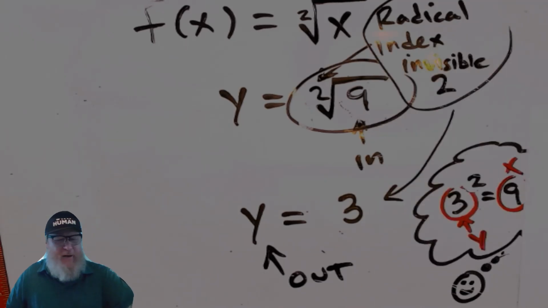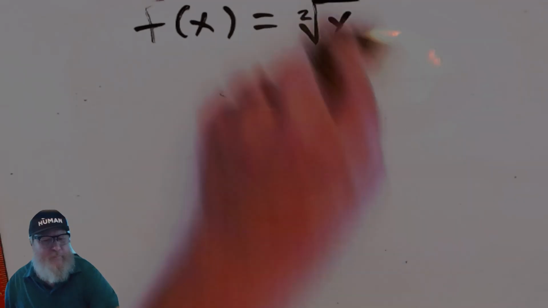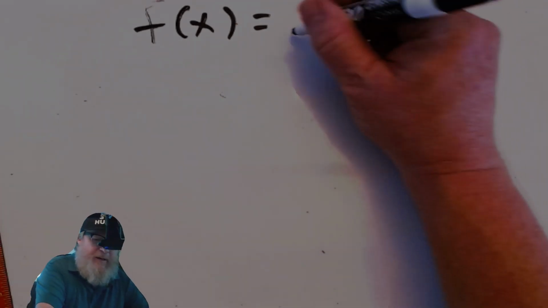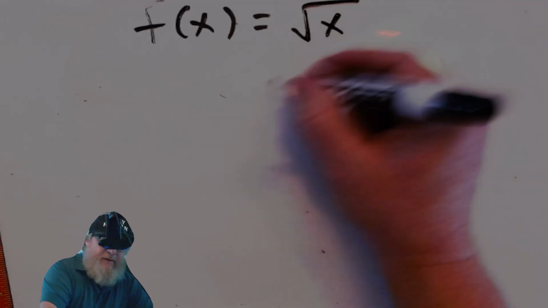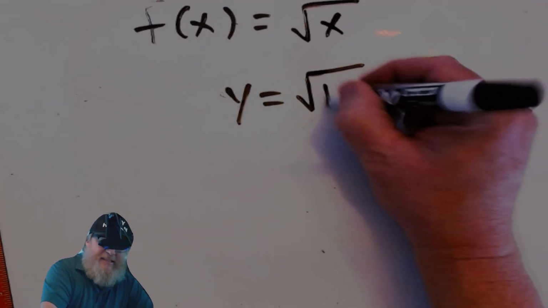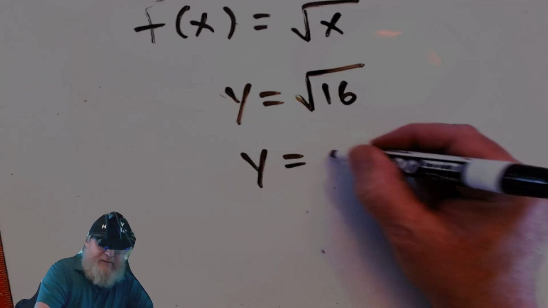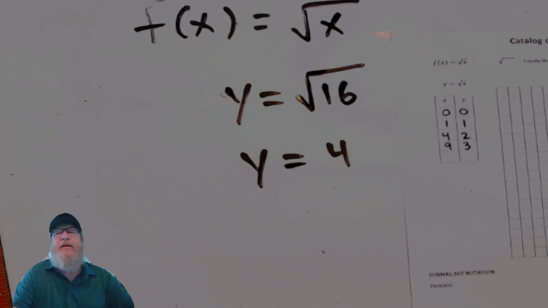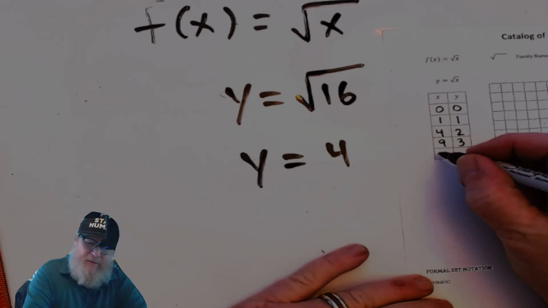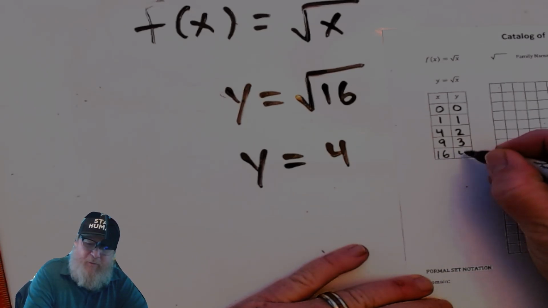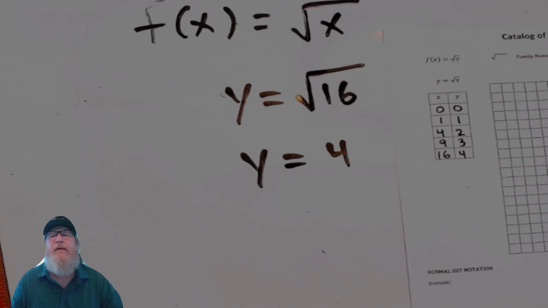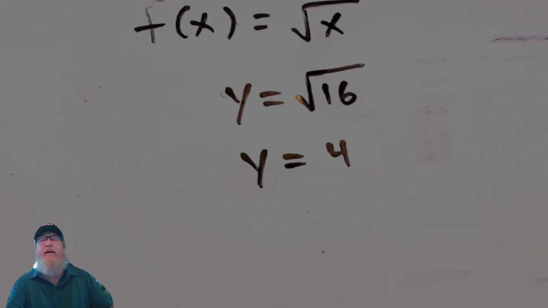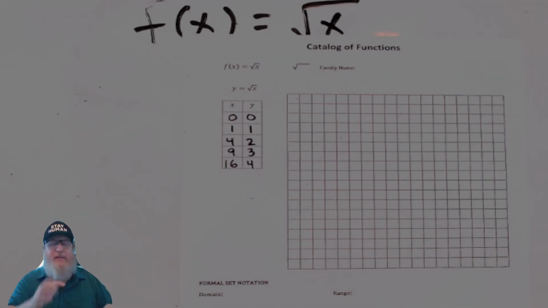Okay, and then my final point will be 16 for an input, and you'll see that my output is 4. Now I've got to be really careful with my grid here because I want to make sure 16 fits.